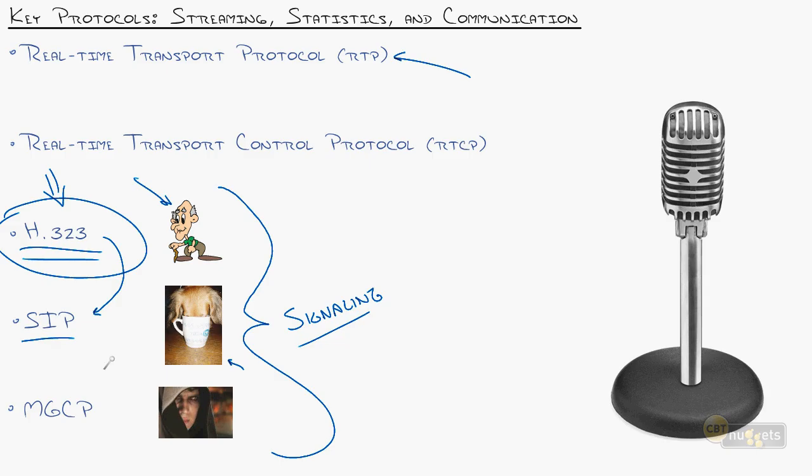Now, SIP, one of the other benefits over H323 is it's very easy. Every time I see the word SIP, I think they should have named it like Simple Initiation Protocol, because it really is simple. The same people who created like HTTP, those kind of standards and those kind of messages, created SIP. So when you're online and you go to a web page that doesn't exist, what error does it give you?